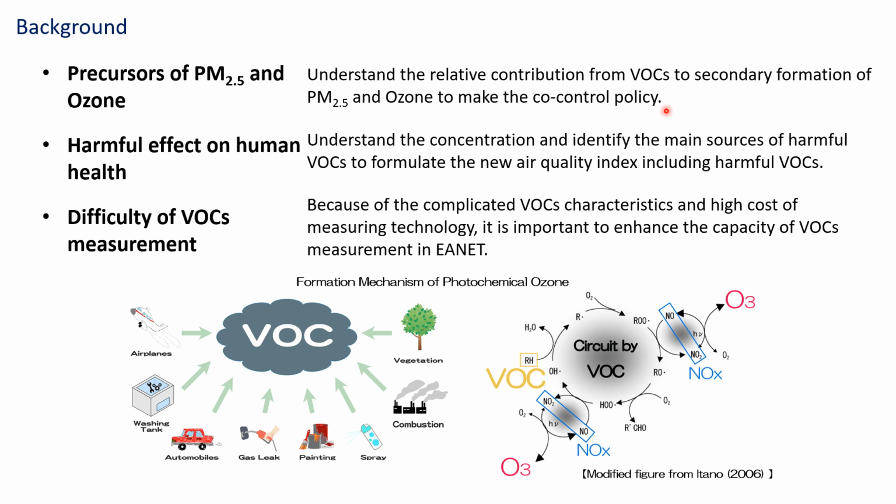So if we want to make a regulation or policy control for PM2.5 and ozone, we have to know the concentration of VOCs. Secondly, as I mentioned, VOCs themselves have an important health impact. So if we want to make a regulation for VOCs, such as a new air quality index, we also need to understand the concentration and identify the main sources.